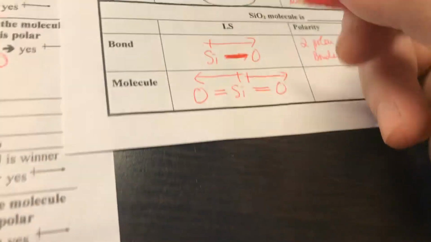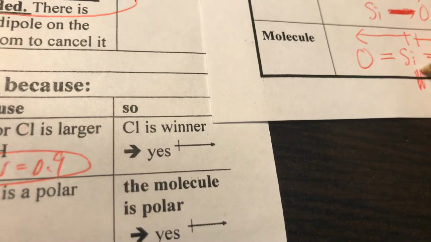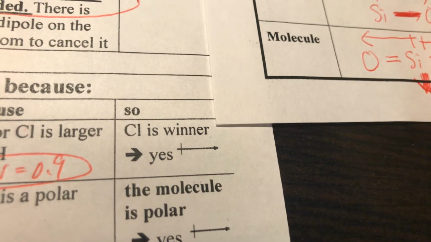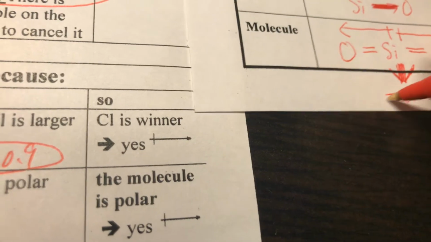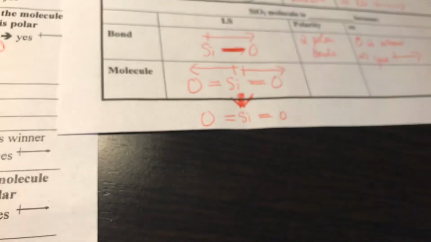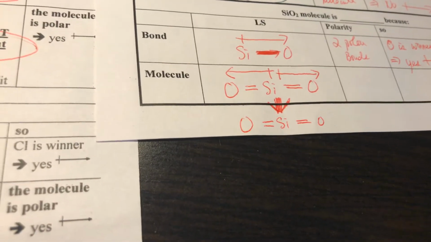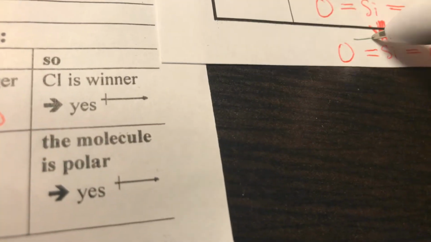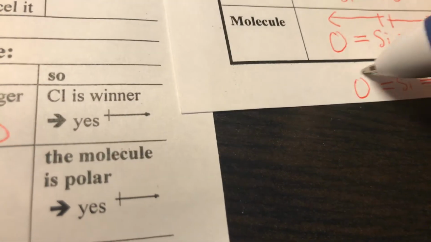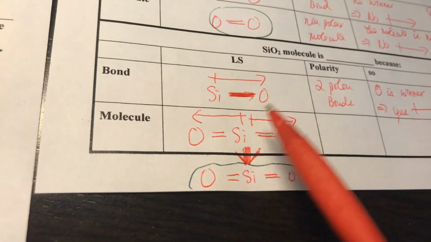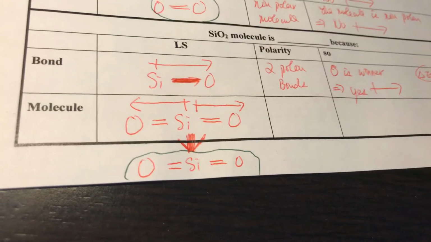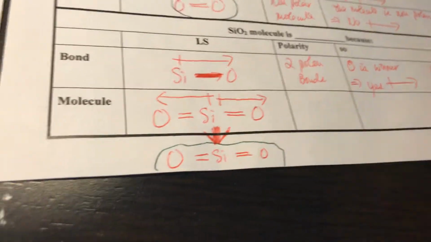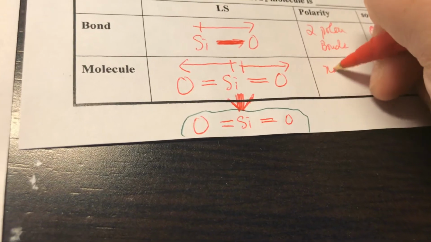So eventually, my dipole is cancelled. That's the answer, right here. You see that my dipole is gone, no more. This is my final thing because they are the same dipole, but in opposite directions. They're linear, they're symmetrical. So my overall is a non-polar molecule.